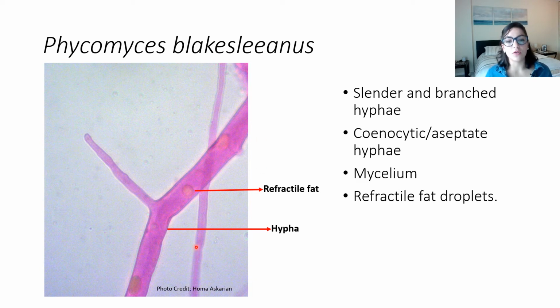And another important feature of this fungus is that it usually has some refractive droplets inside, which are these ones that we can see in this photograph. This is a photograph which was taken using a squash mount, and the dye we used was lactofuchsin as well.